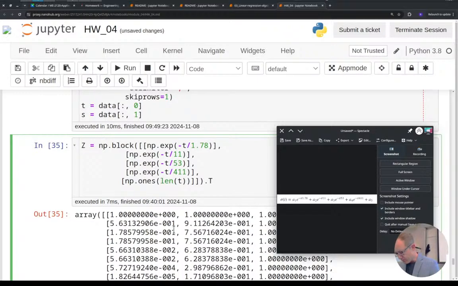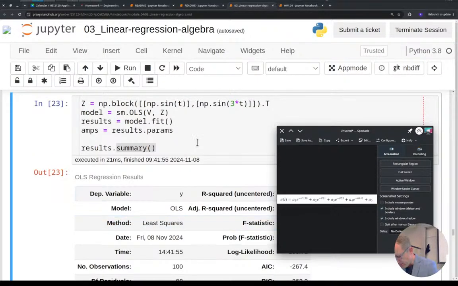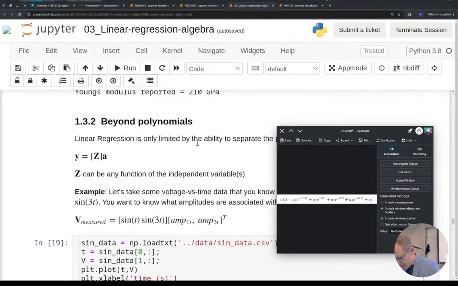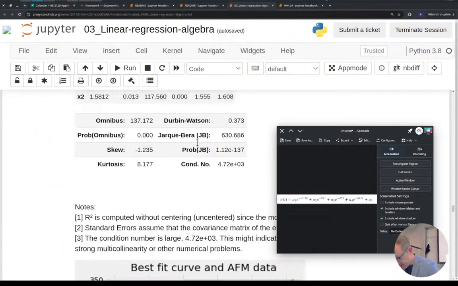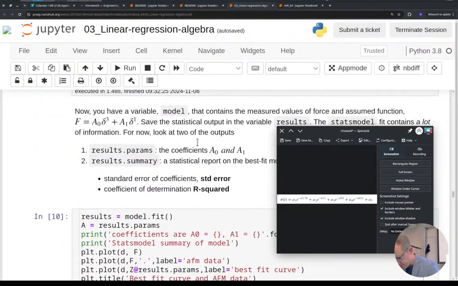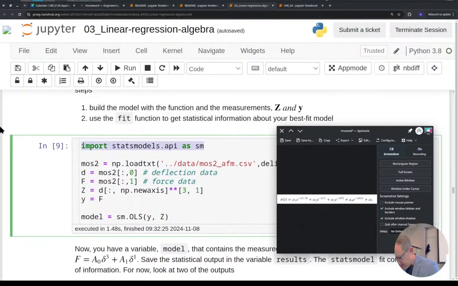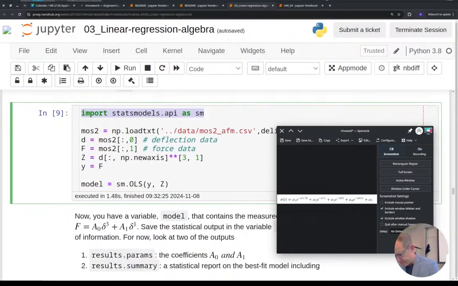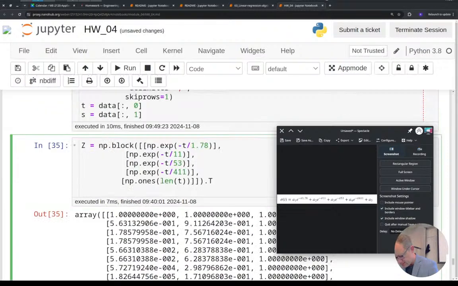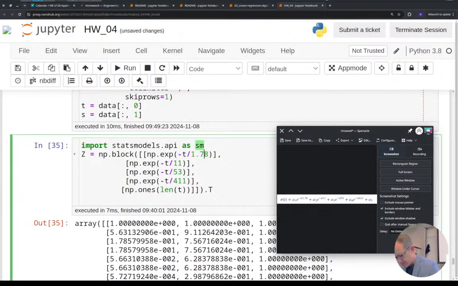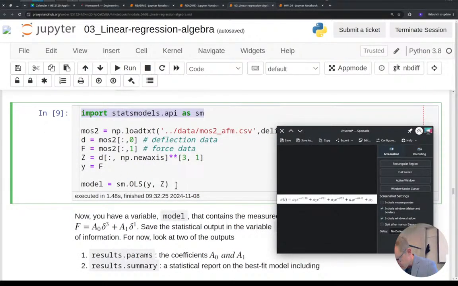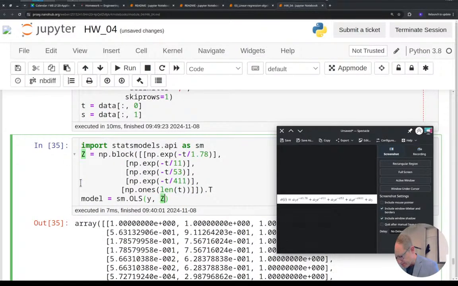And we could do either one, but one way is to load in my stats models. Then create an ordinary least squares from stress and Z.